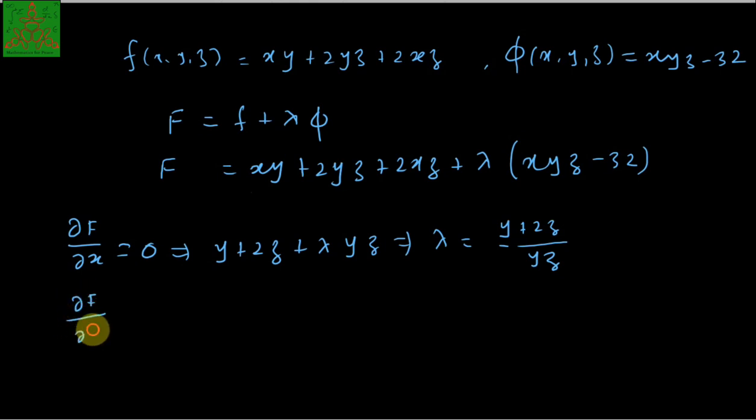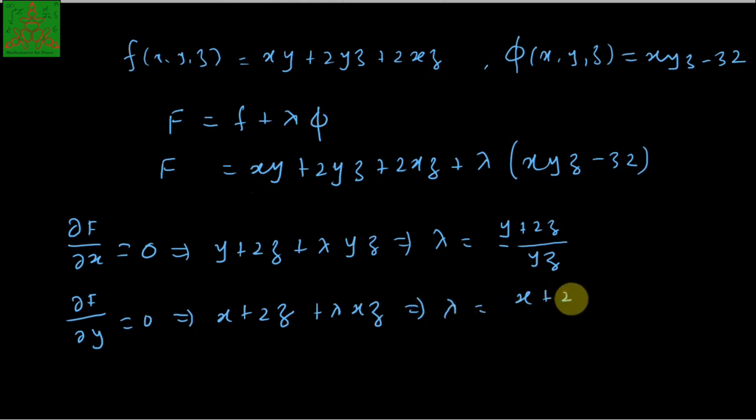That will give you lambda equal to minus of y plus 2z upon yz. Del F upon del y equal to 0 implies x plus 2z plus lambda xz, so lambda equal to minus of x plus 2z upon xz.